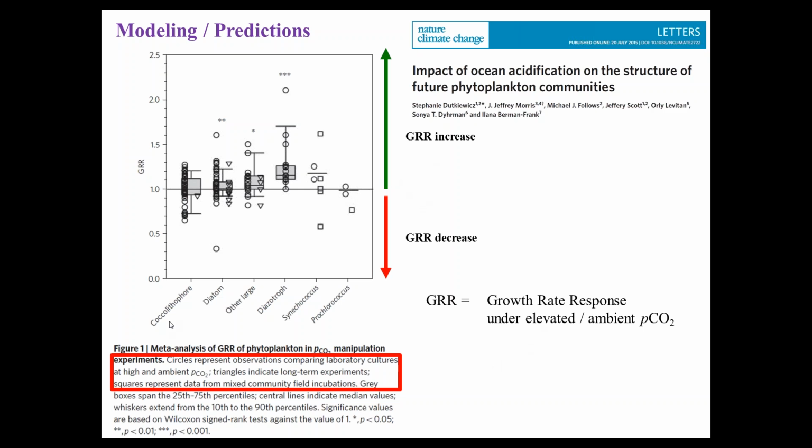You can see you have different groups here: coccolithophorids, diatoms, other large phytoplankton, diazotrophs, Synechococcus, and Prochlorococcus, so an array of cyanobacteria included in the study. And here's the range of growth responses you can find within each of these taxonomic groups. Some of these growth responses might have landed on the upper or lower side, even for the same species, but specific strains.